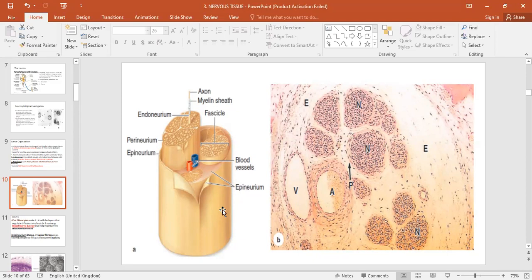That layer of connective tissue shown here is known as epineurium. Then we see that bundles of axons are covered also in connective tissue to form fascicles. So this is one fascicle. This is another fascicle. You see that this is a different bundle.